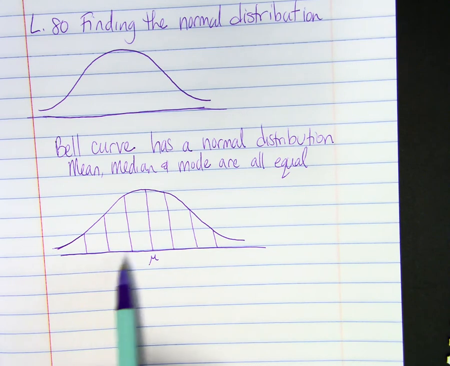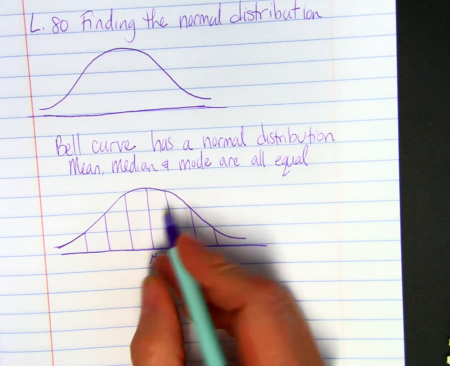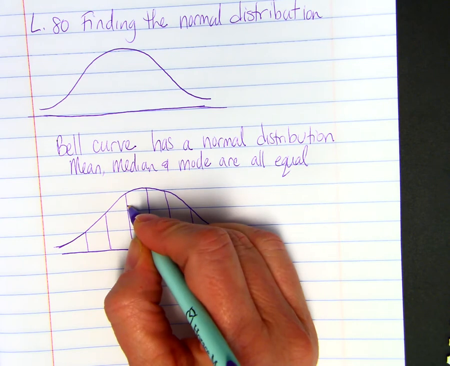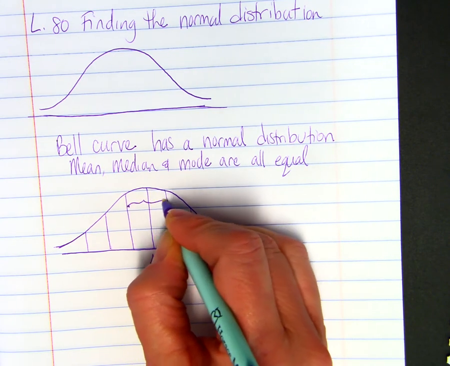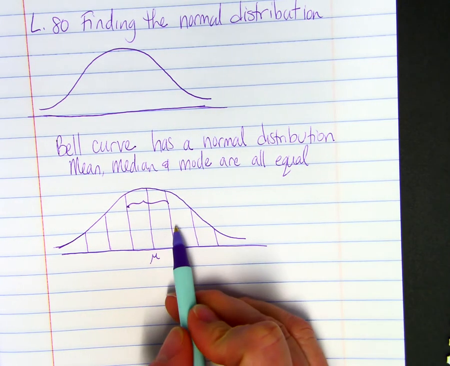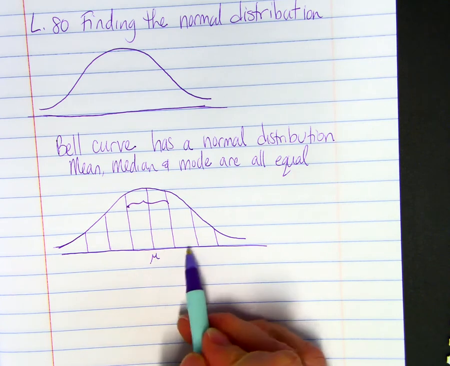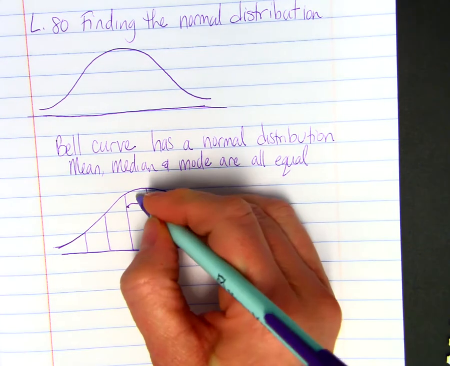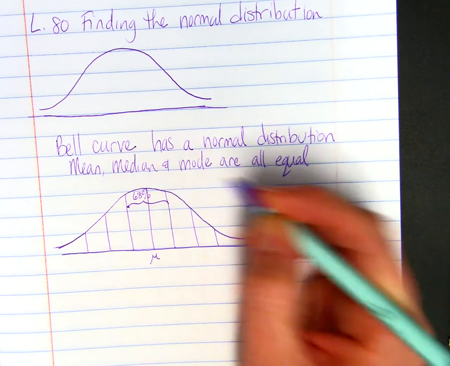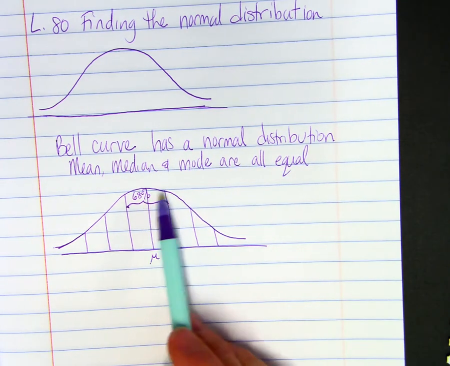It's not always 10, 20, 30, but I have 10, 20, 30 on mine. Between these two, one standard deviation away from the mean, above and below, 68% of the data will fall between those two numbers.